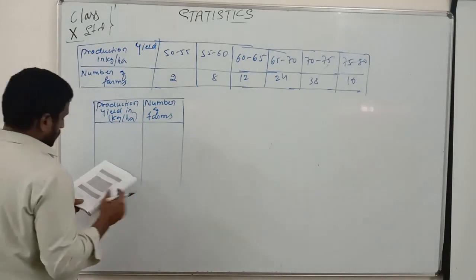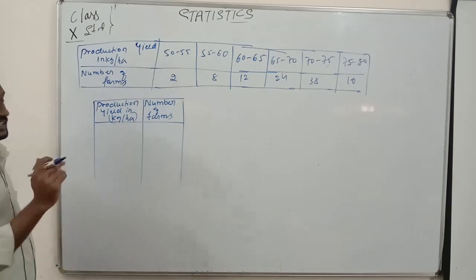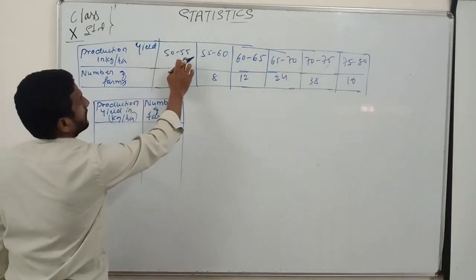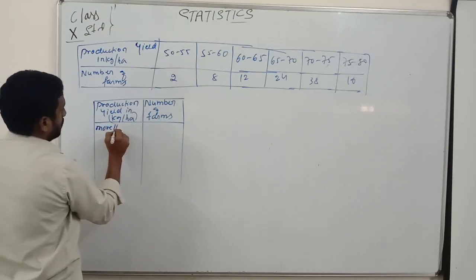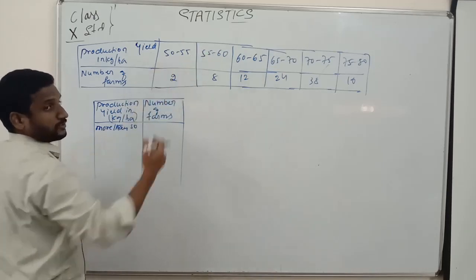Now this is the more than type. More than type means the lower limit is taken. So more than 50, because 50 onwards is more than 50.